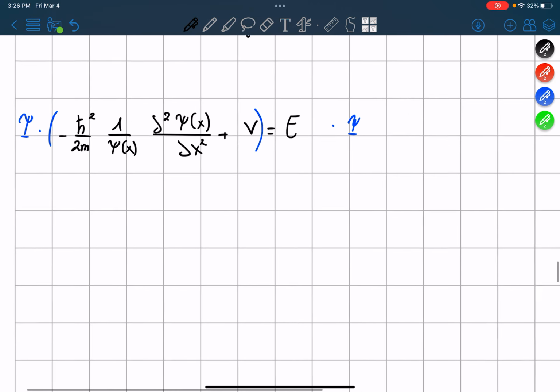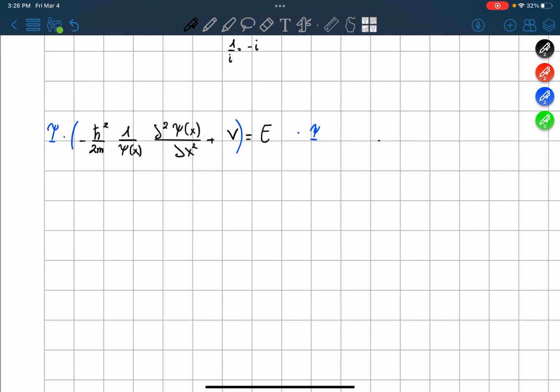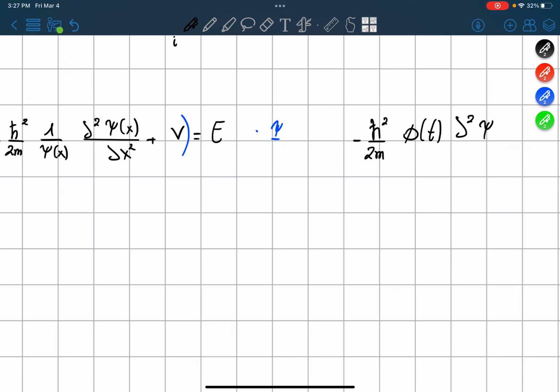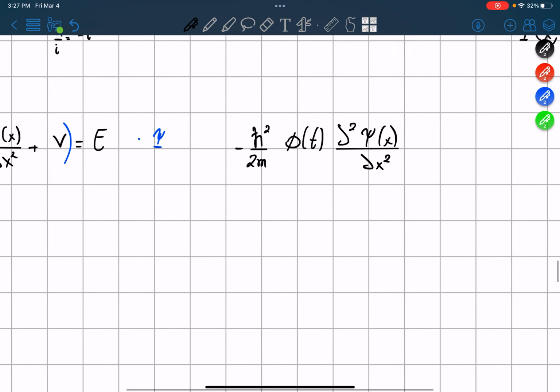On the left side, we're going to get negative h bar squared over 2m, and then we're going to get psi t, but I'm not going to put it outside so it's clear for you to see. And then the second derivative of little psi over dx squared plus V capital psi is equal to E capital psi.